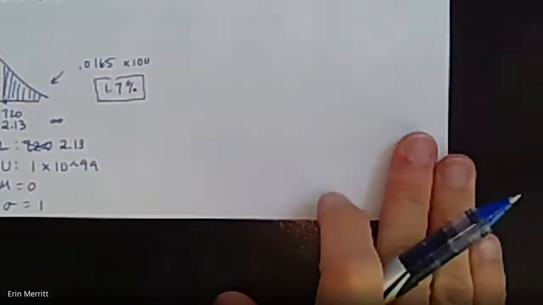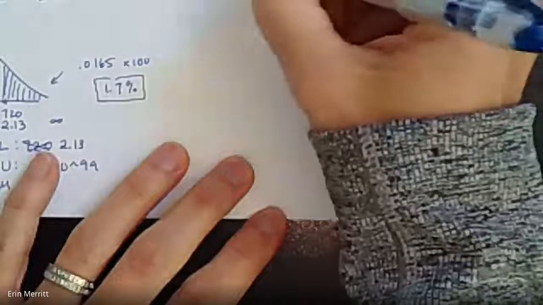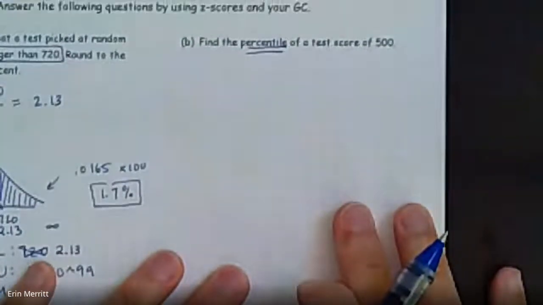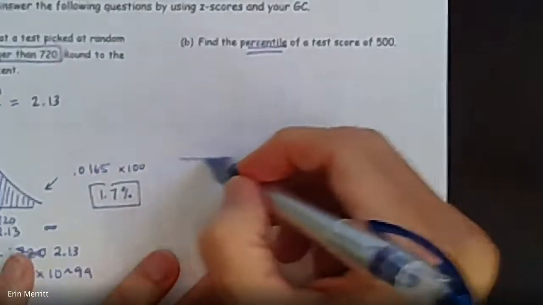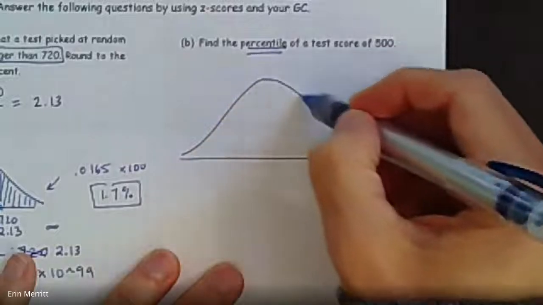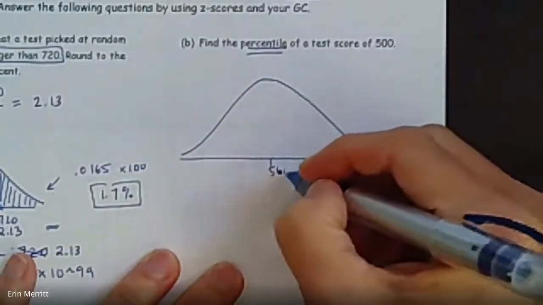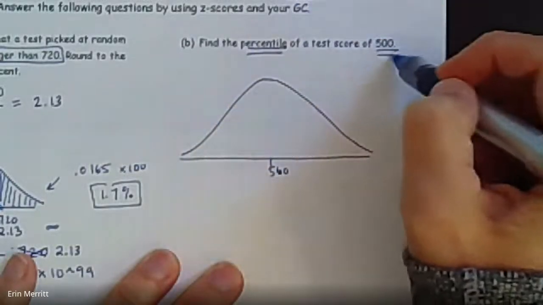Find the percentile of a test score at 500. As a reminder, percentile, in terms of an SAT, is all the people that you did better than. So in this case, the mean's 560. They're asking for a percentile for a test score of 500.